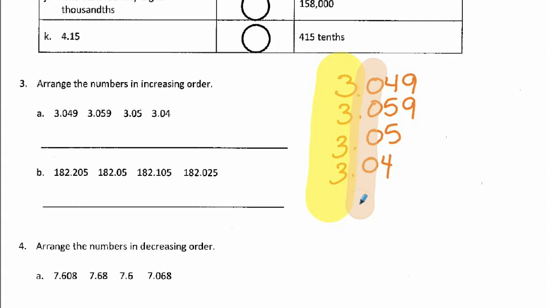Different. Numbers in increasing order. What am I looking for? The biggest or the smallest number right now? Biggest or smallest? Everybody? Smallest. Okay, I'm looking for the smallest. Which is smallest? 4 or 5? 4 is the smallest. So I'm not going to worry about 5 right now.